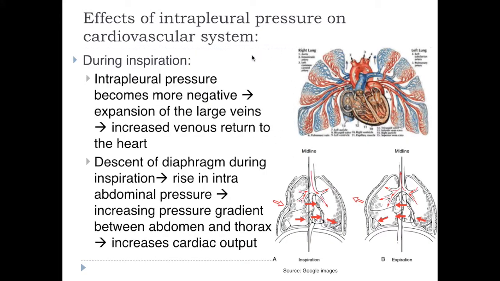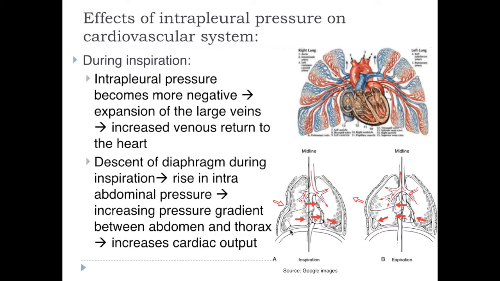Now, effect of intrapleural pressure on the cardiovascular system. During inspiration, intrapleural pressure becomes more negative, and because of this, large veins are expanded, so venous return to the heart increases.